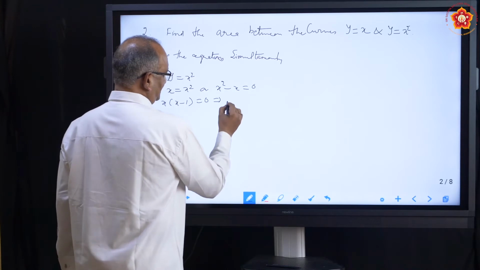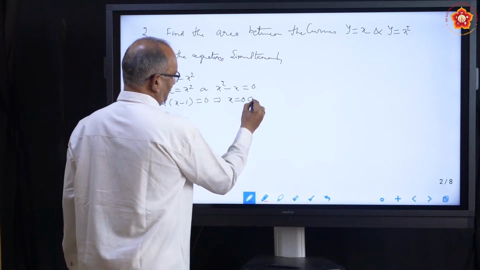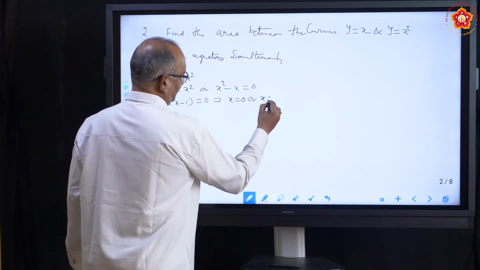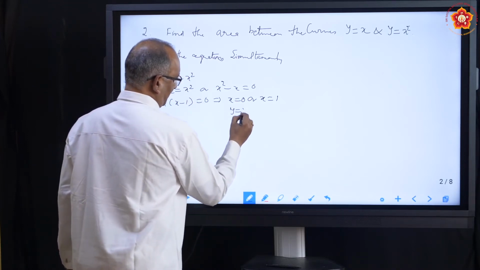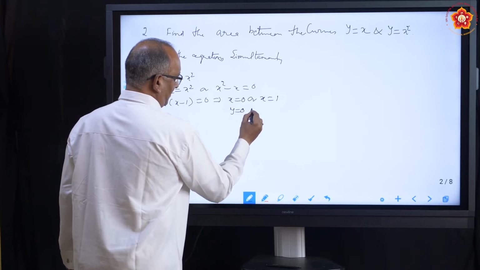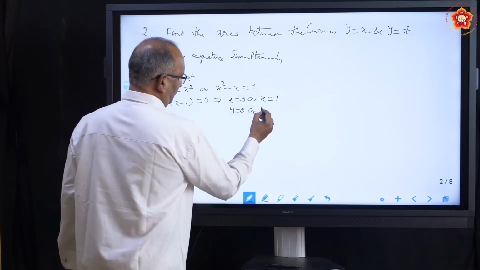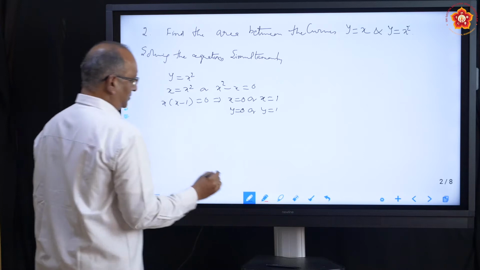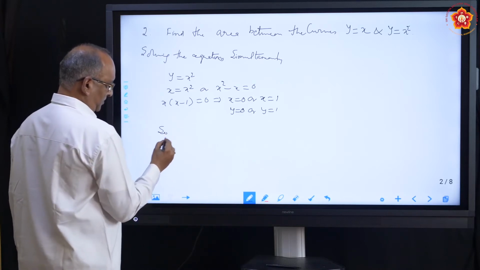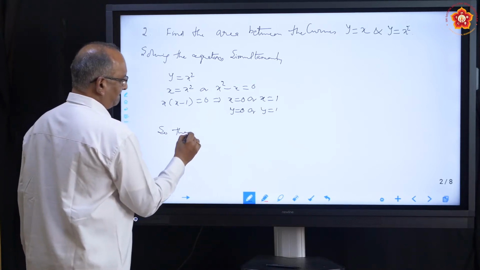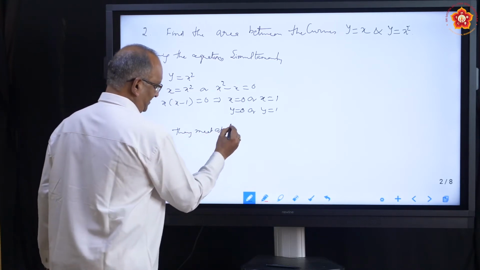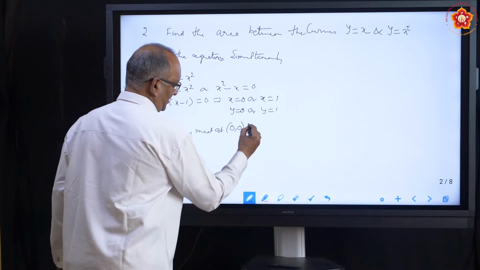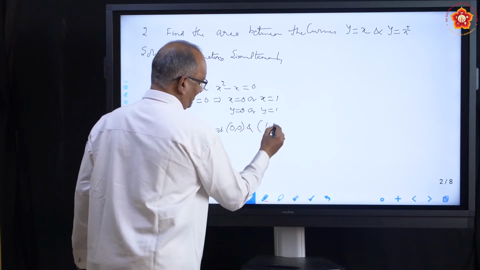This gives you either x equal to 0 or x equal to 1. If x is 0, y is 0, or if x is 1, y is 1. So they meet at the origin, that is 0, 0 and 1, 1.